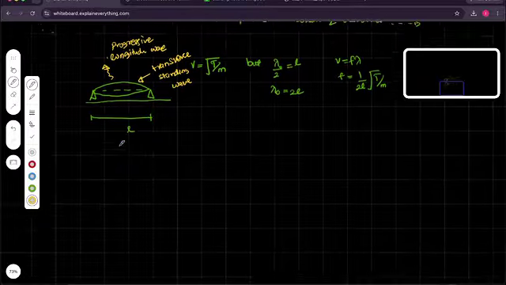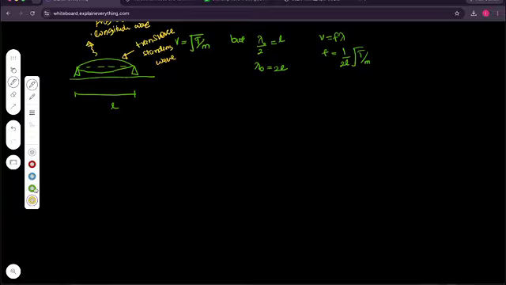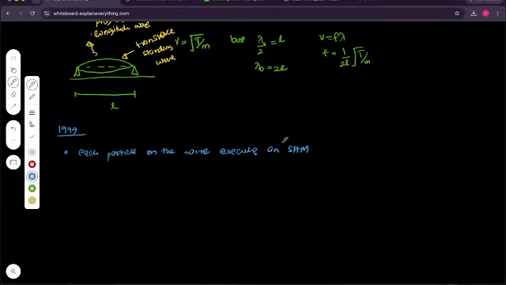Now let me summarize what we just checked from the 1997 paper. The information I could extract is that each particle on the wire executes an SHM.